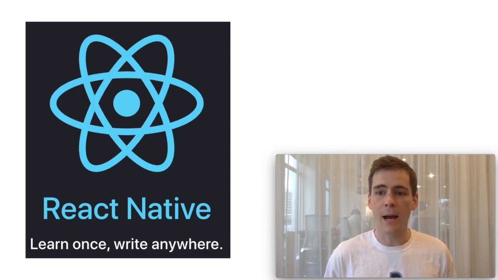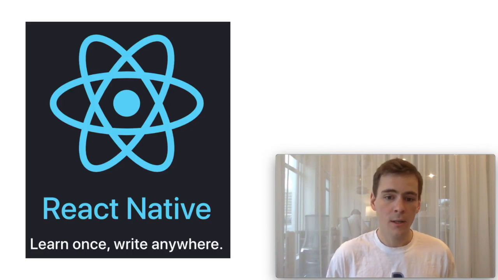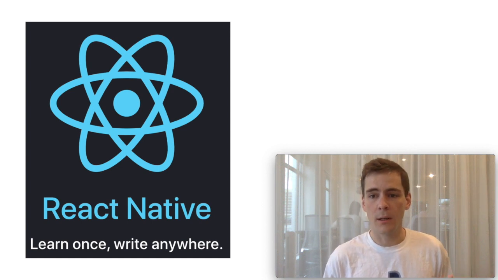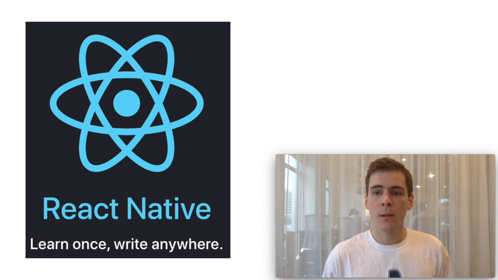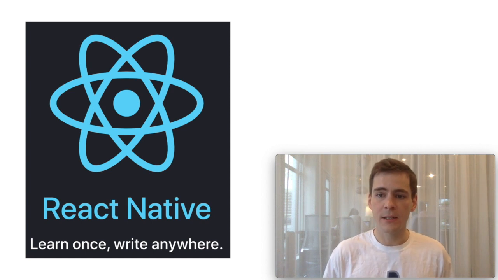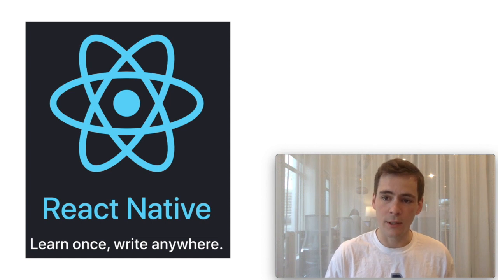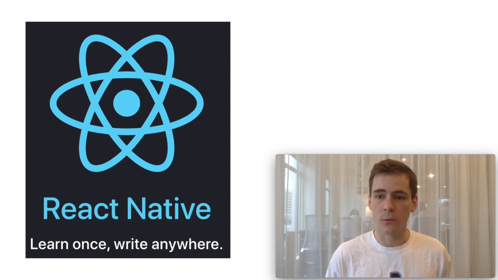Before we get into how React Native actually works, let's look at a couple of the pros and cons as to why you might use React Native in the first place. What we do with React Native is essentially build apps that can be tailored to iOS or Android without writing any Swift or Java code. That's what gives React Native its catchphrase, learn once, write anywhere.